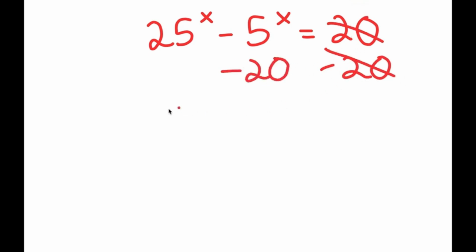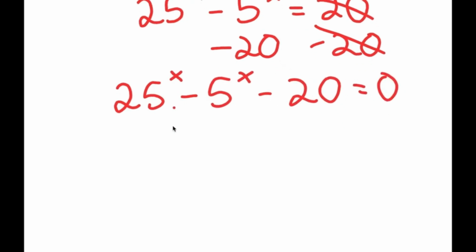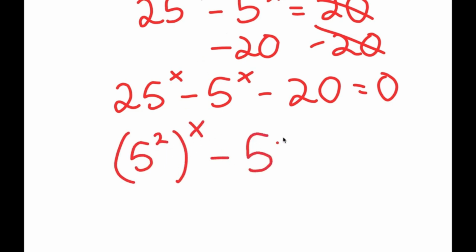So then these two cancel out, and I get 25 to the power of x minus 5 to the power of x minus 20 is equal to 0. Now 25 to the power of x, I can rewrite as 5 squared to the power of x. So I have this minus 5 to the power of x minus 20 is equal to 0.